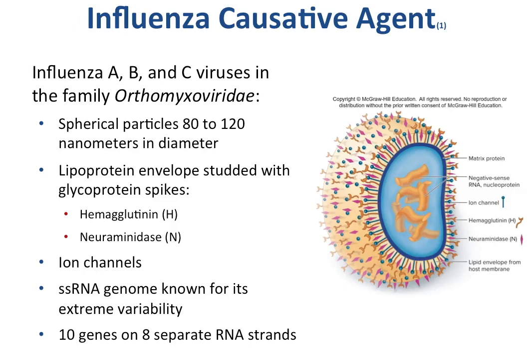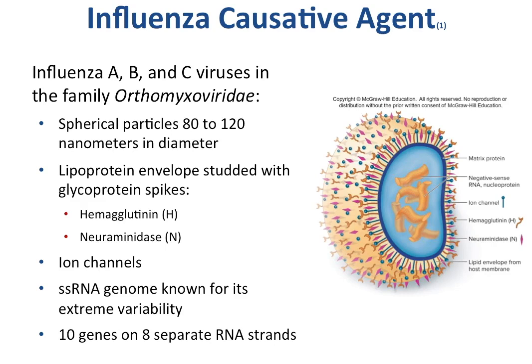So influenza A, B, C actually is in the family Orthomyxoviridae. So this is a spheric particle with a lipoprotein envelope studded with glycoprotein spikes.